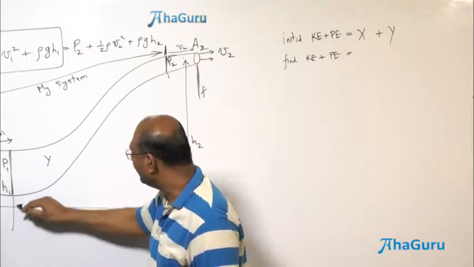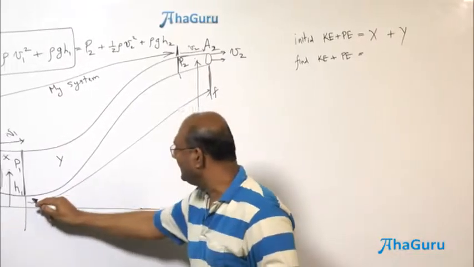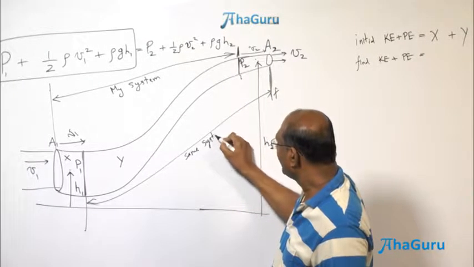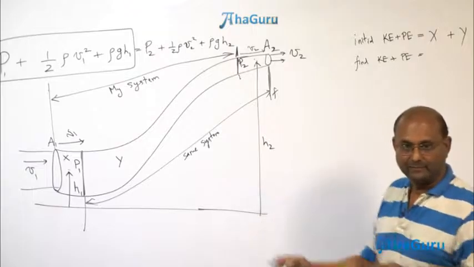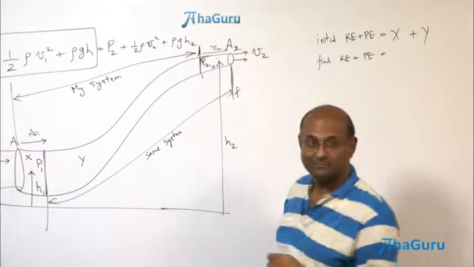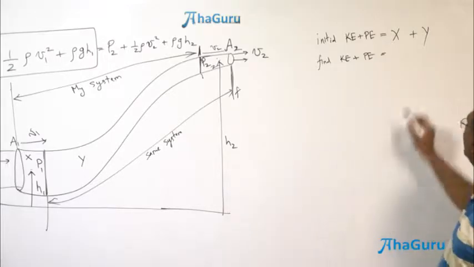It starts here until there, that is my same system. At the end, the system now has a Y and has a Z. So what is the final energy?